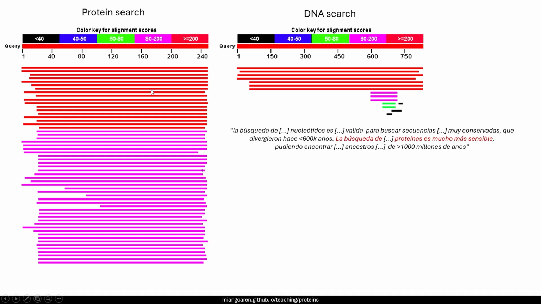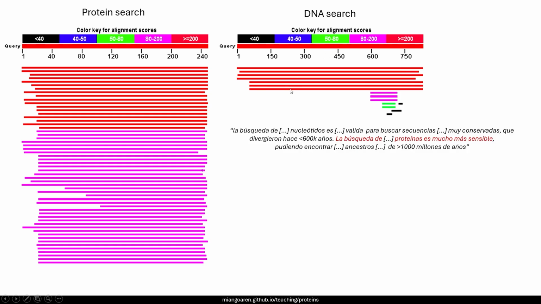In this sense, we have several candidates painted red with a bit score greater than 200 and some between 80 and 200. And in this case, we have very few candidates with a bit score of 200 and others which are of poor quality, even up to a bit score of 50.